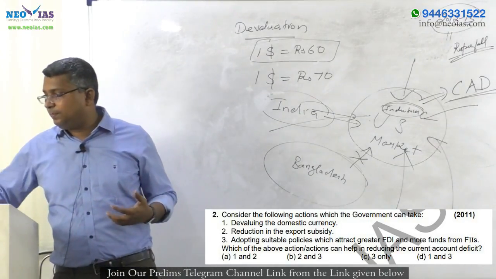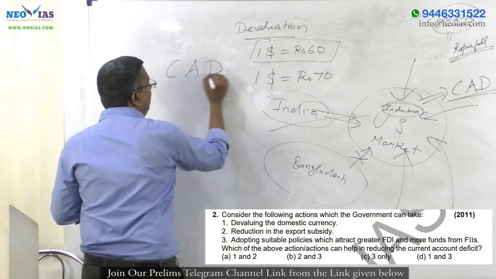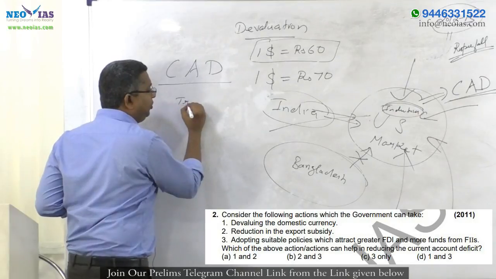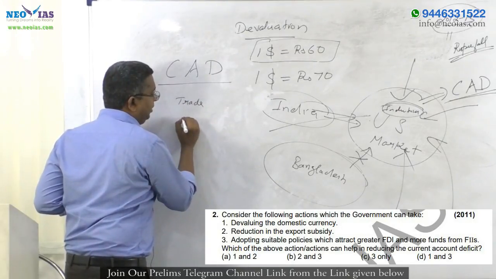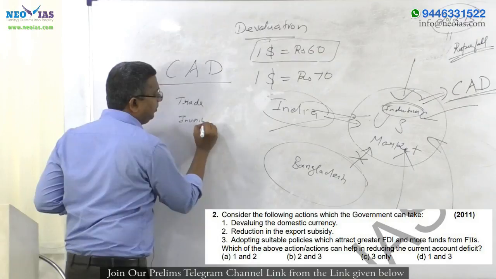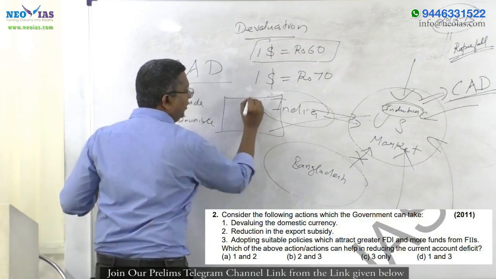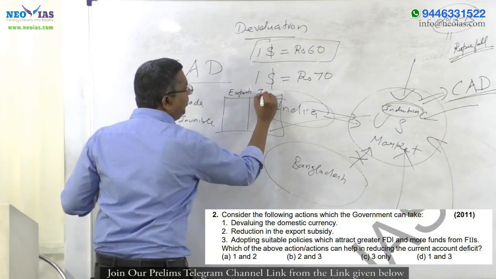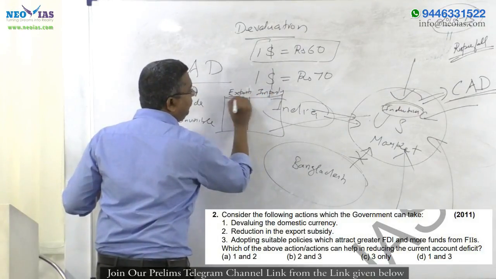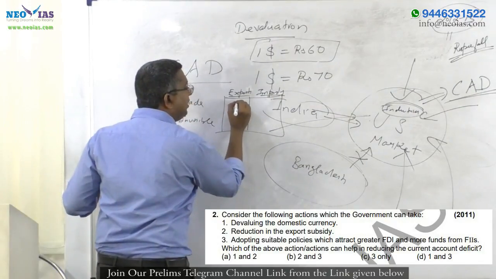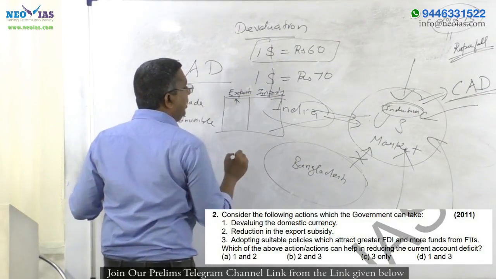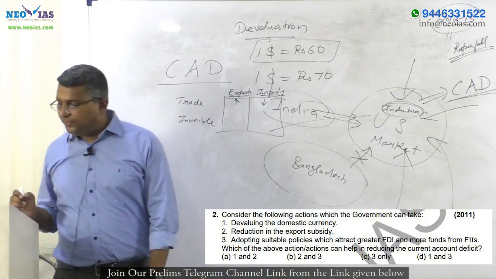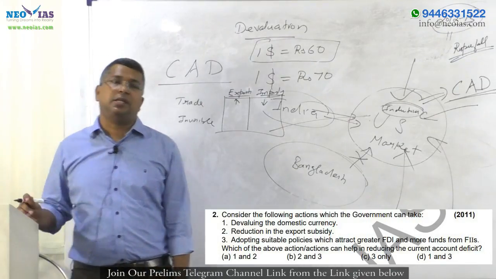So if you want to reduce current account deficit, what do you need to do? Trade account is there, then invisible account is there. So basically exports and imports. If you want to reduce the deficit, you have to increase the exports and, if it is possible, reduce the imports. Now read the first statement: devaluing the domestic currency.